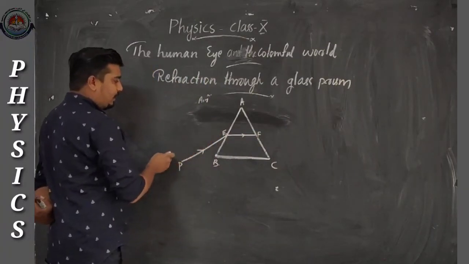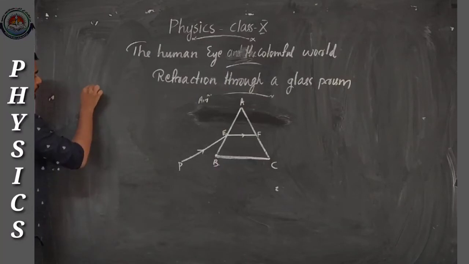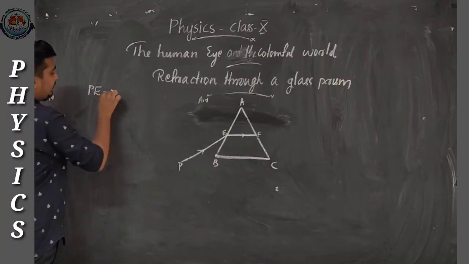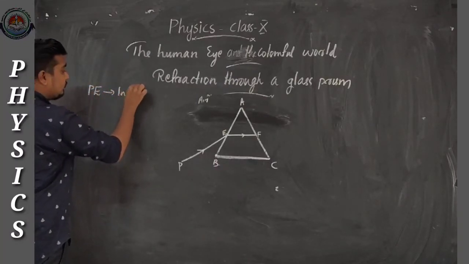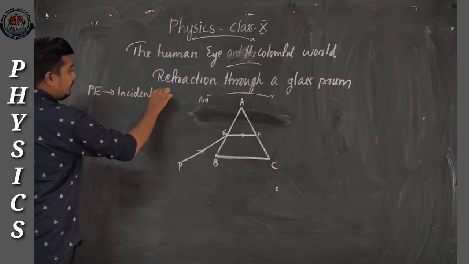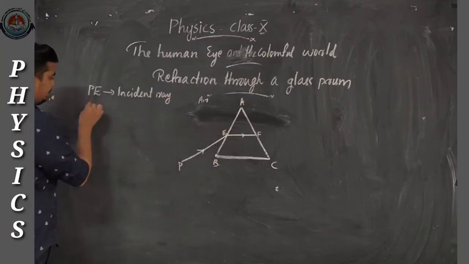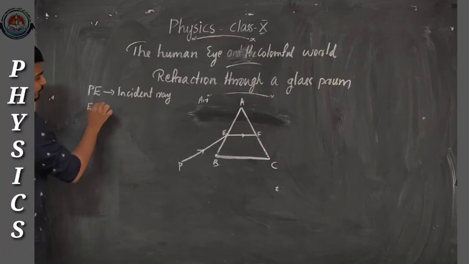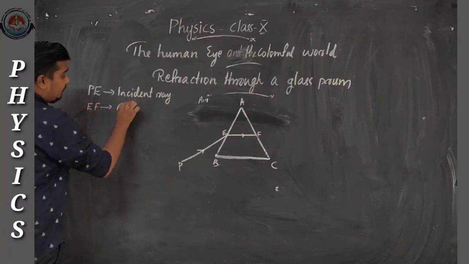Here PE is the incident ray, and EF is the refracted ray.